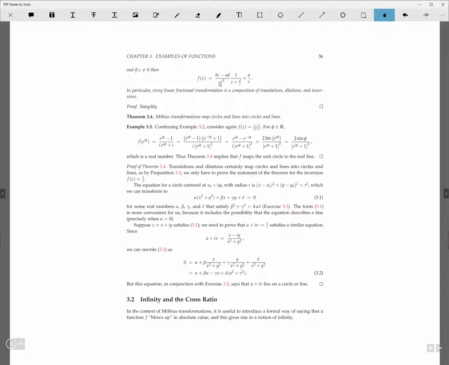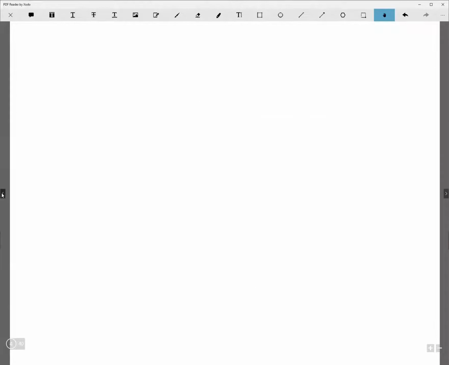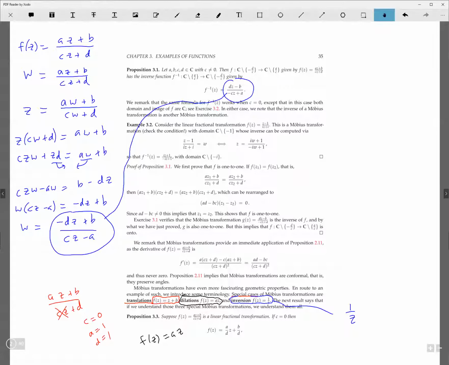This part right here represents a dilation, and this part here represents another translation. Okay, so every linear fractional transformation is a composition of translations, dilations, and inversions. Okay, so let me talk a little bit about those.